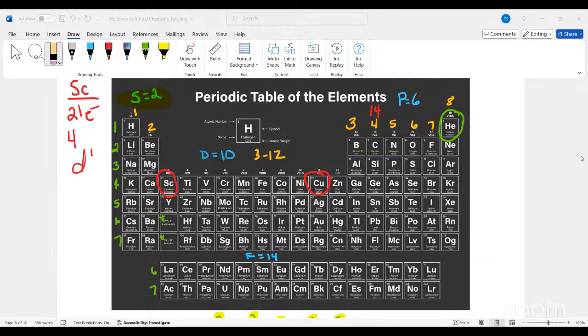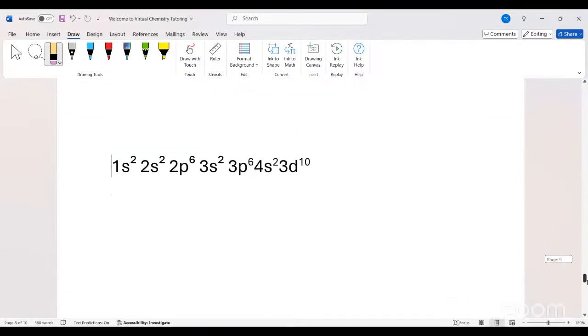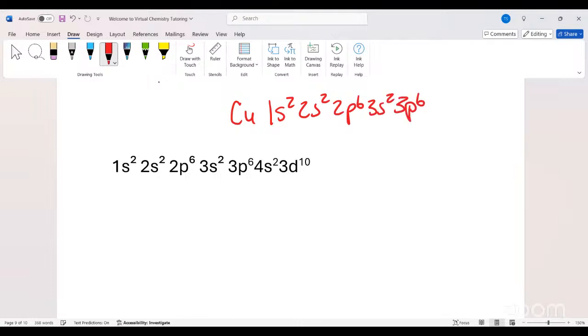So what we're going to do, let me scroll back down right here. Even though I erased it, okay. What we're going to do, the configuration was 1s2, 2s2, 2p6, 3s2, 3p6, 4s1, whoops, 3d10.